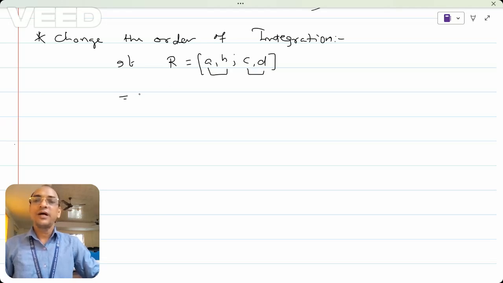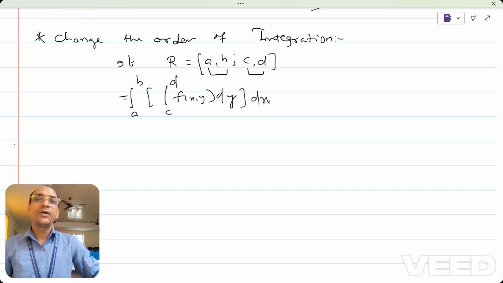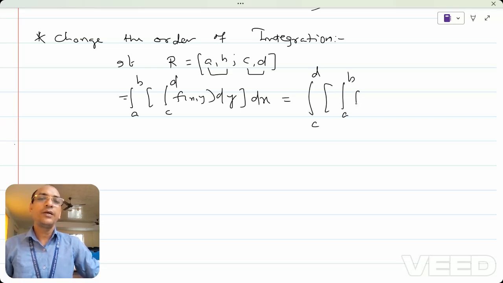In this case, integration a to b, integration c to d, f of xy dy dx will be equal to integration over c to d, integration a to b f of xy dx dy. That means we can change the order of integration by changing the integral with limits. Then there will be no harm at all.